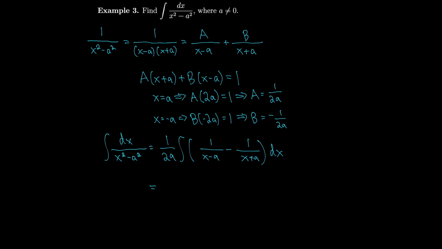So we take antiderivatives. We get 1 over 2a times the natural log of the absolute value of x minus a minus the natural log of the absolute value of x plus a.